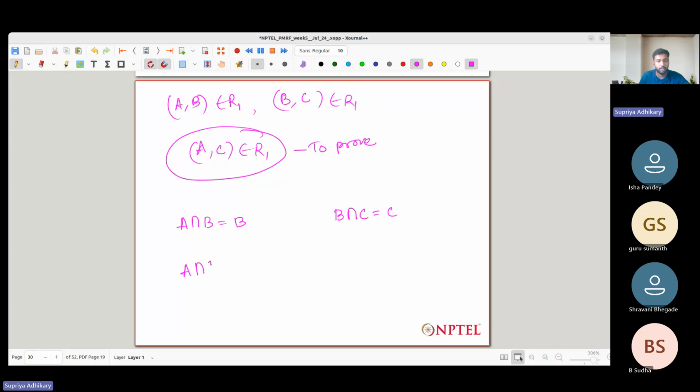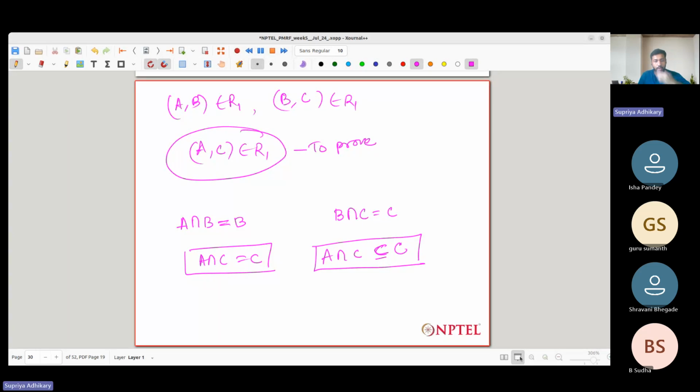What can we say about A intersection C? We have to prove that A intersection C is equal to C. There are two ways to do that. One way is obvious, because A intersection C is a subset of C. That one is obvious.